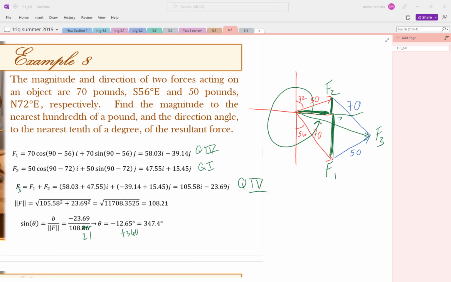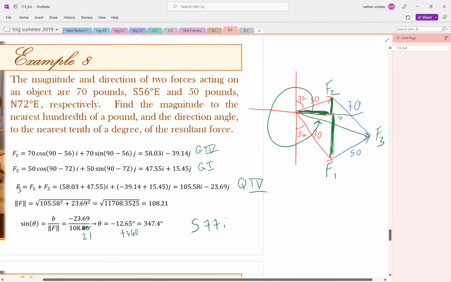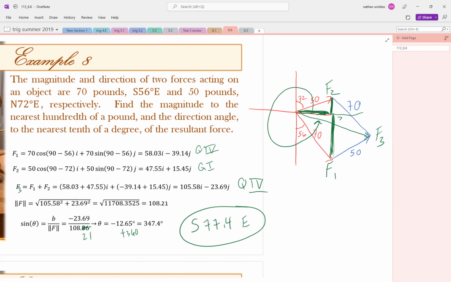So really this would be a south 77.4 east would be my direction in terms of that.